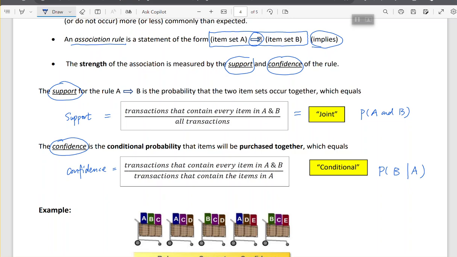So both of these two item sets are involved in this basket.